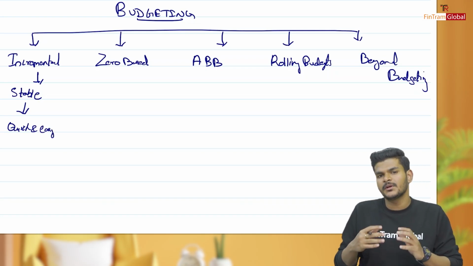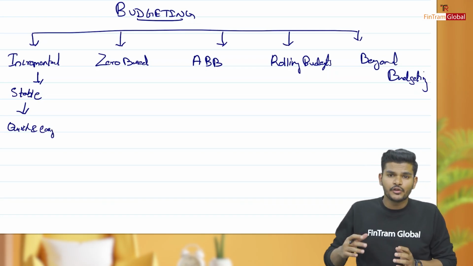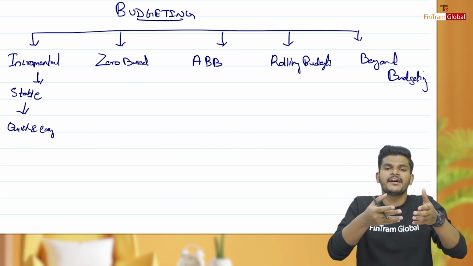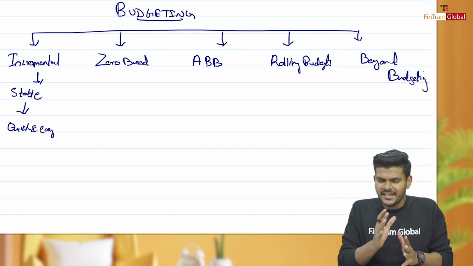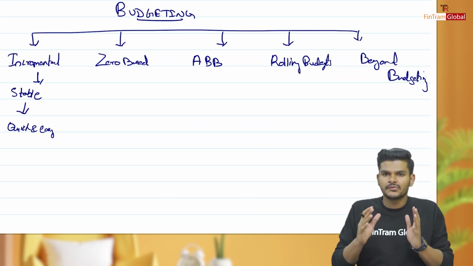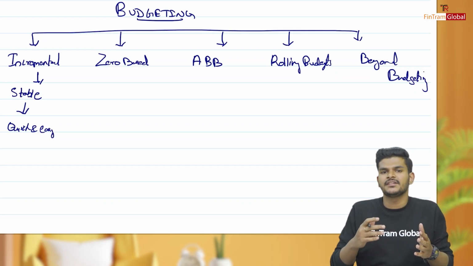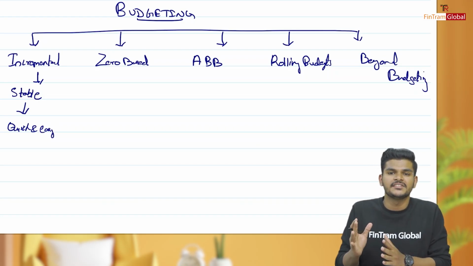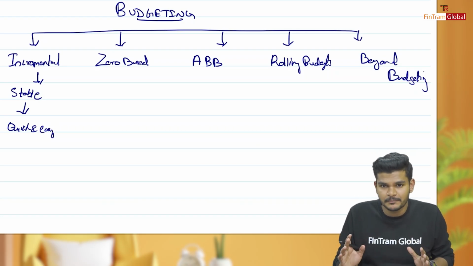Because what are we doing in incremental budgets? In order to create, let's say, the next year's budget, I'm going to take the current year actual results, make some adjustments, and then carry it forward to the next year. Okay, folks? So the adjustments would be in relation to inflation and other economic factors such as that. So that's what incremental budgeting is all about, to put it very simply, right?